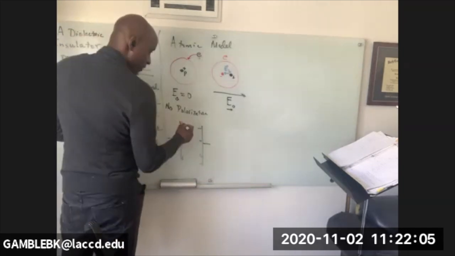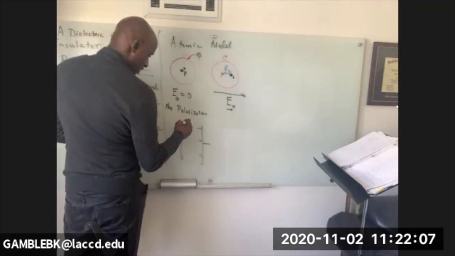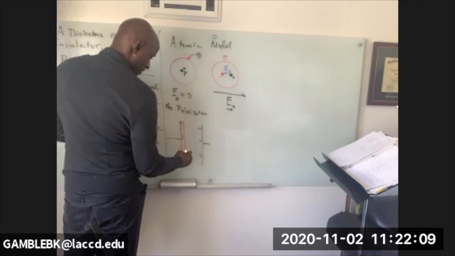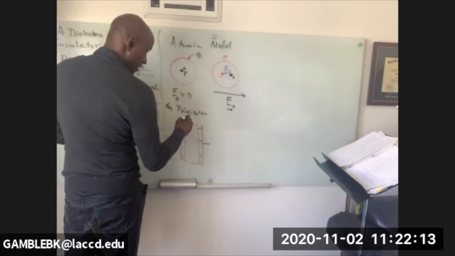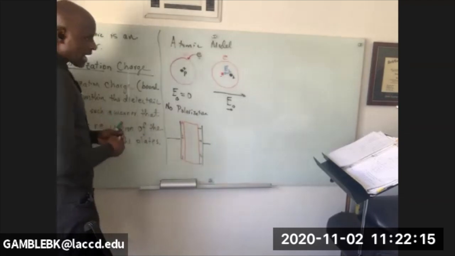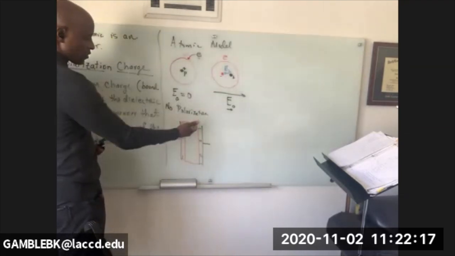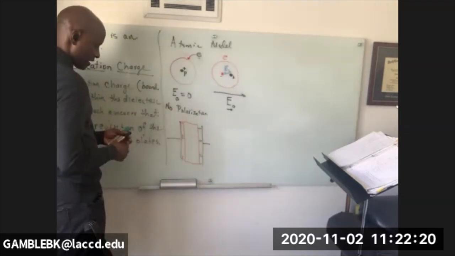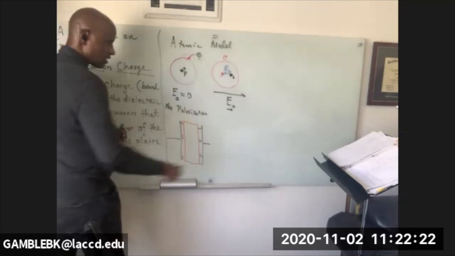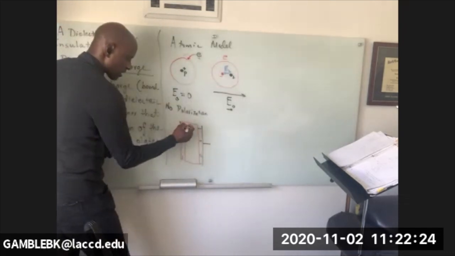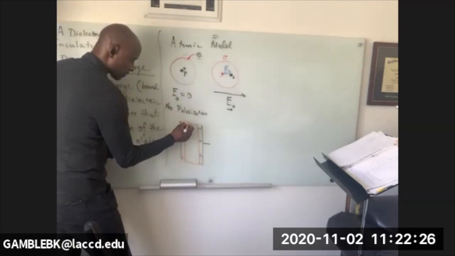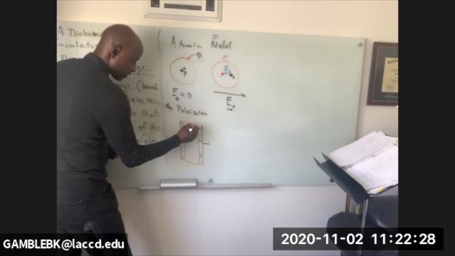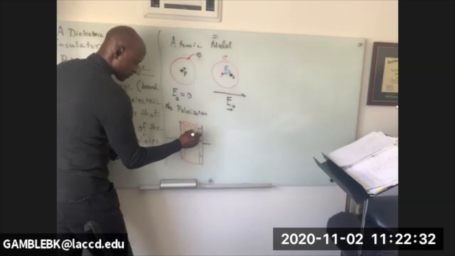Now, my dielectric is inside here, right? I'm not going to draw it flush with the wall just because I want to be clear. I've got who knows how many atoms in this thing, and all of my atoms have this going on. So I'm going to draw little things to represent my atoms like this.